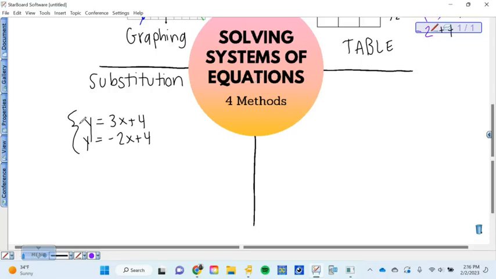What does y equal in this first equation? 3x plus 4. So what can I do with 3x plus 4? Plug it in for y. So what does my second equation become? 3x plus 4 equals negative 2x plus 4.